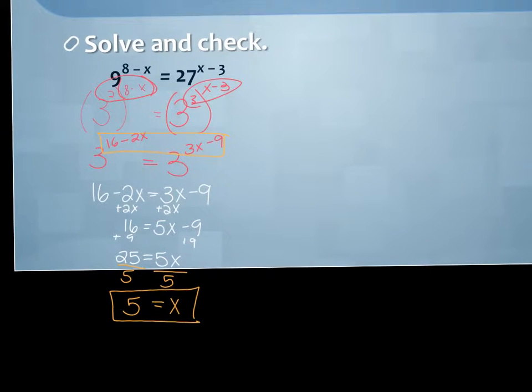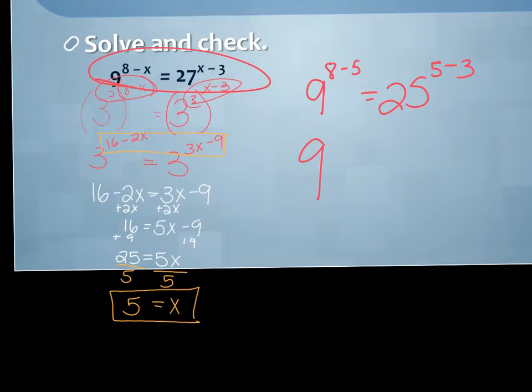And then just like before, I can plug these back in here to check. So 9 to the 8 minus 5 should equal 27 to the 8, or sorry, 5 minus 3. 9 to the 3rd should equal 27 to the second power. And if I use my calculator to check both those answers, the left side should equal the right.